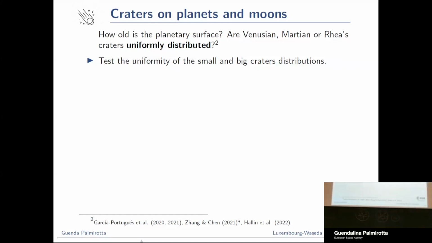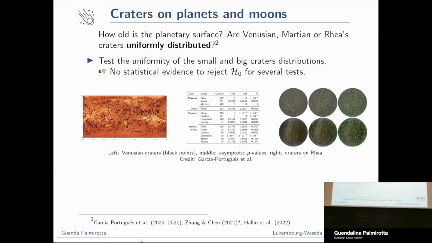We can reformulate it in statistical terms: are they uniformly distributed? The analysis was done for Venus, for Mars, and Rhea. Rhea is a moon of Saturn. It distinguished between small craters and big craters. And here you can also use again a uniformity test. And again, there is no statistical evidence to reject the null hypothesis.